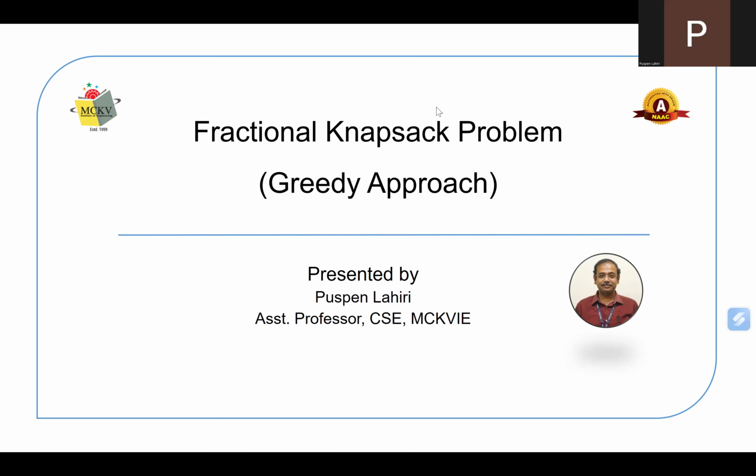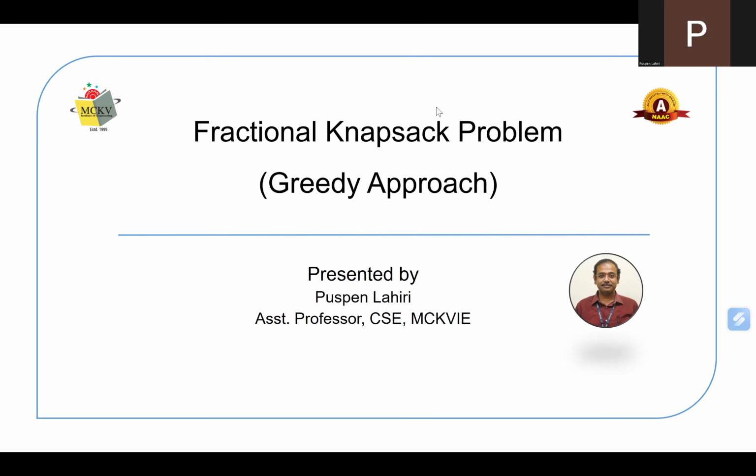The objective is to obtain a filling of the knapsack that maximizes the total profit earned. Before that we must mention, if a fraction xi of the object i is placed into the knapsack, then definitely a profit is earned that is represented as pixi. And the objective is to obtain a filling of the knapsack that maximizes the total profit earned.